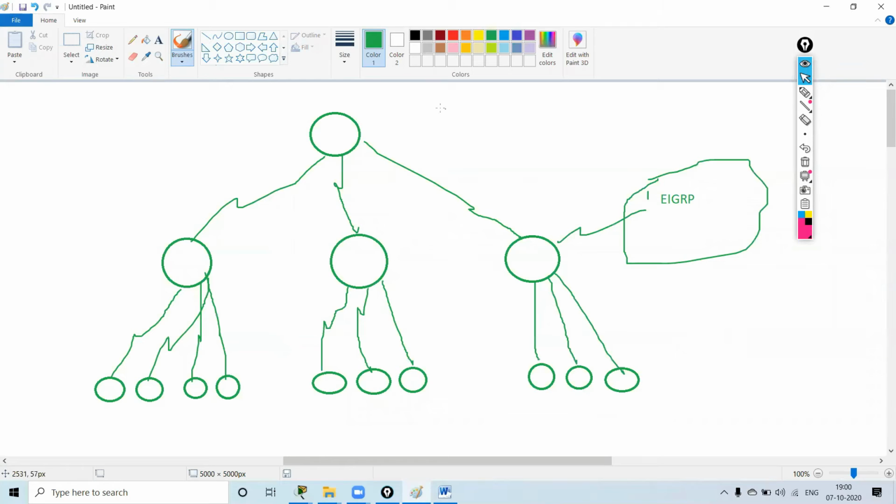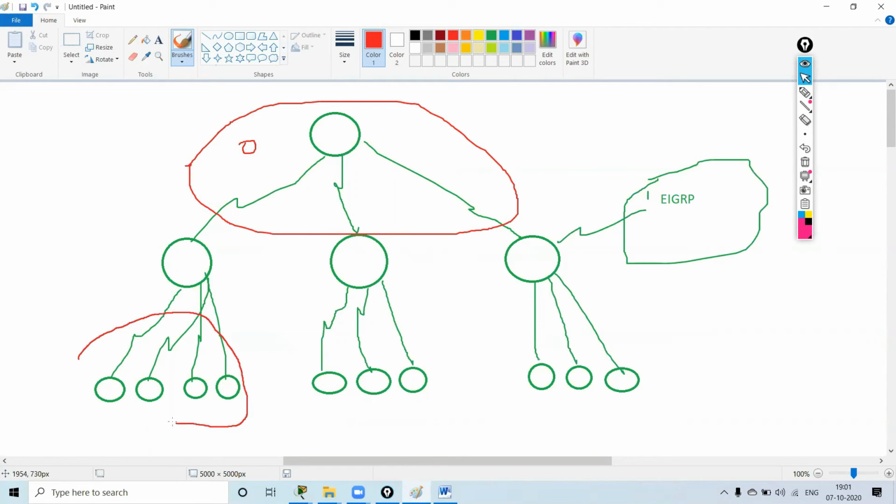Now, suppose these are in different areas. I made these routers run in area 0. These all routers are running in area 1. These all are running in area 2.